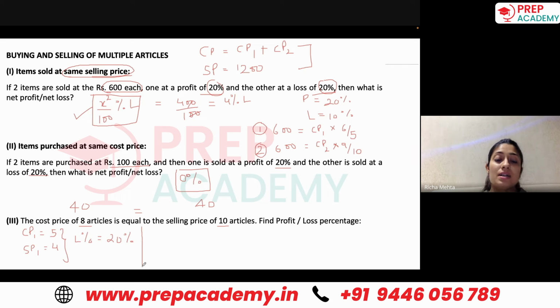Okay. Another method is I write this statement in the form of an equation. Cost price of 8 articles, I am writing small cp to denote cost price of one article, is equal to selling price of 10 articles, which means selling price upon cost price is equal to 8 by 10, which is 4 by 5.